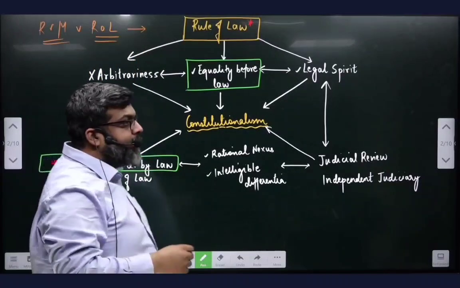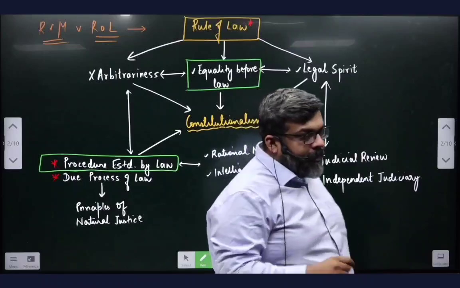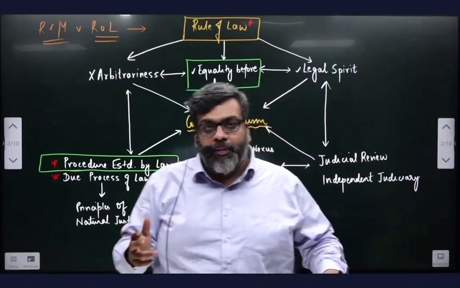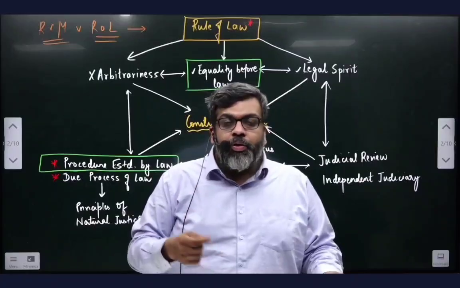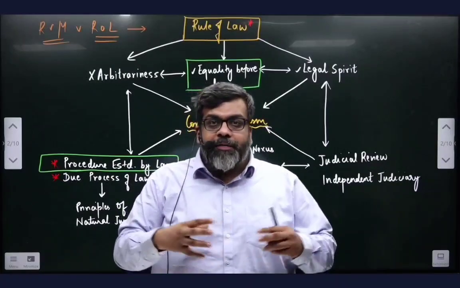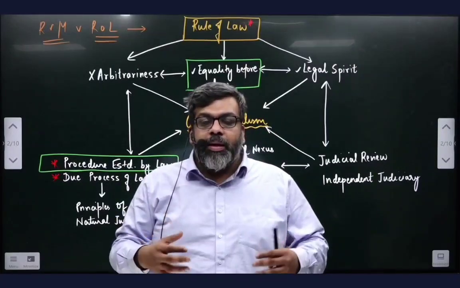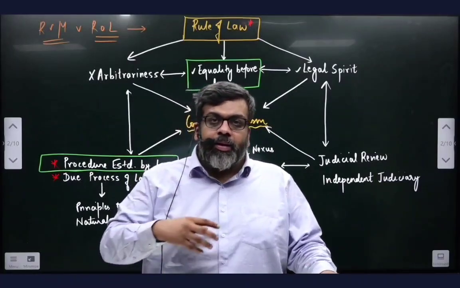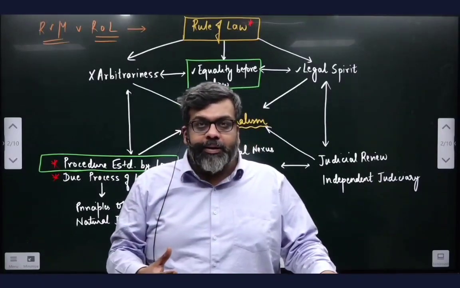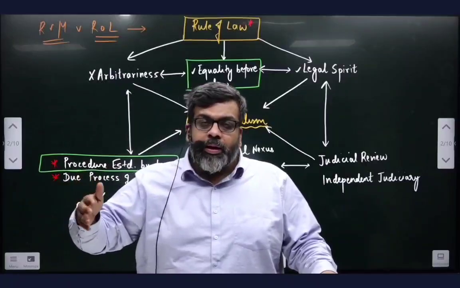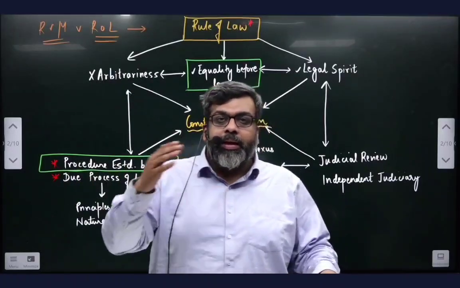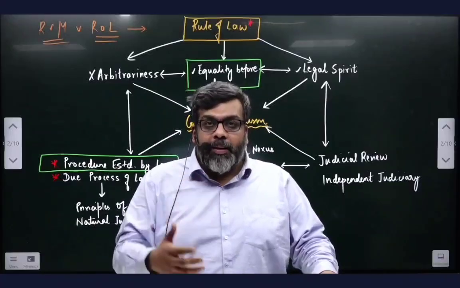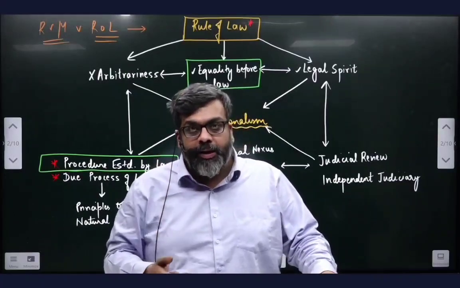Now, rule of man simply means that the person in power gets to do exactly what they want to. And rule of law means everything is governed by a law. The law is also made by the man. The law is also made by representatives. But the law is more important than the people who have the power to make the law, implement the law, or adjudicate the law.